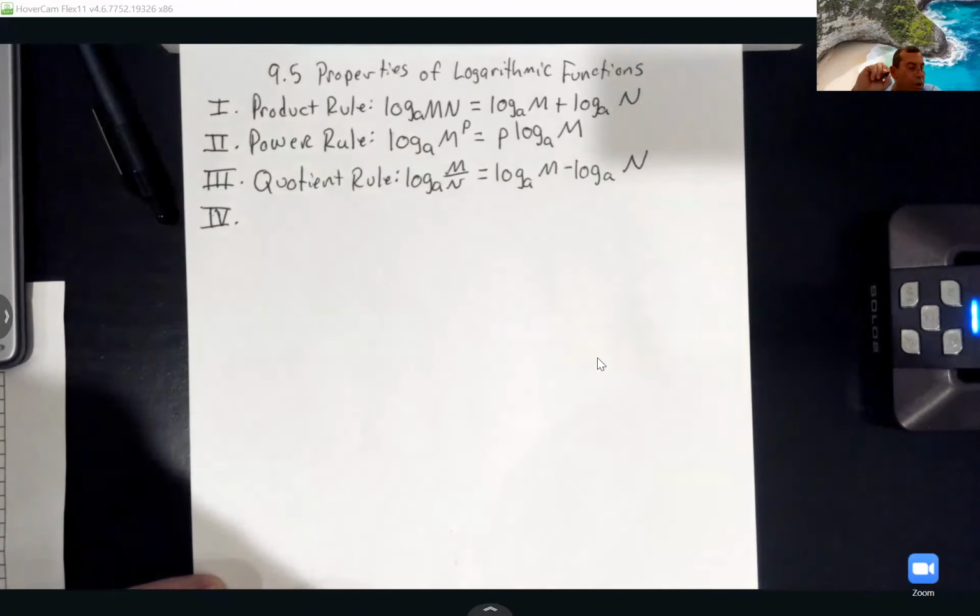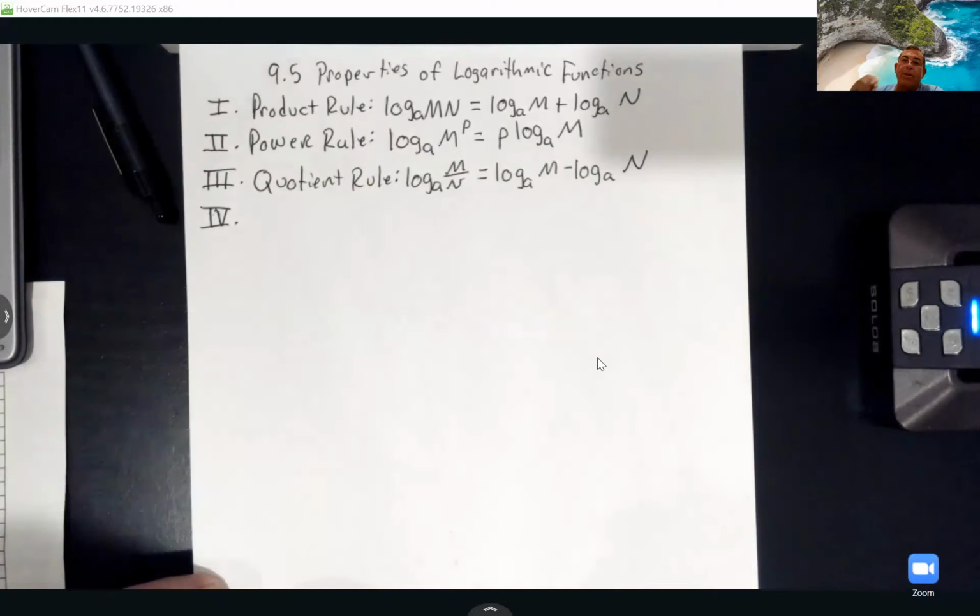All right, the last one is what we call the log of a base to a power.